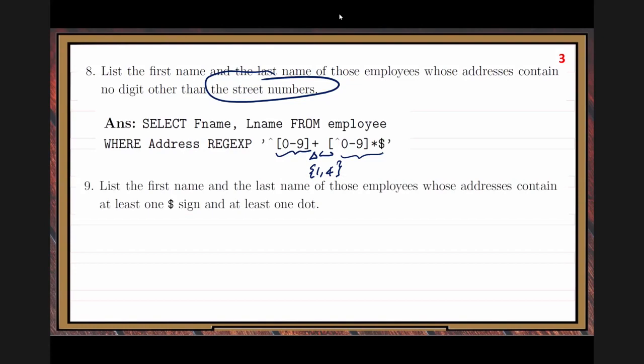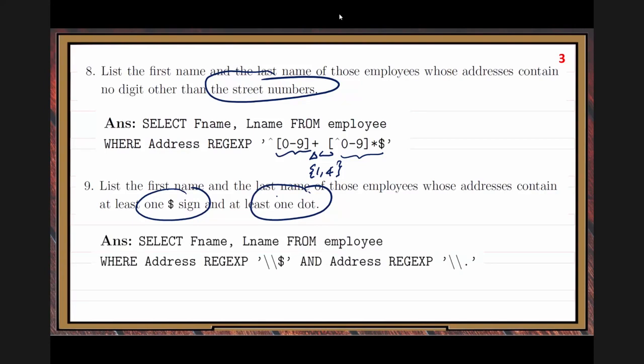The second question, number 9: list the first name, last name of those employees whose addresses contain at least one dollar sign and at least one dot. You have many ways to write it. One way, you can use the regular expression in this way.